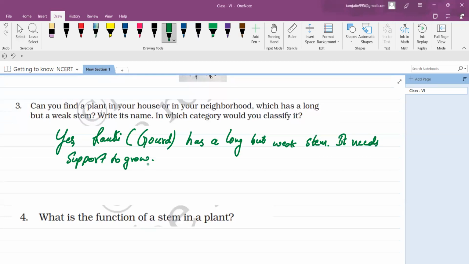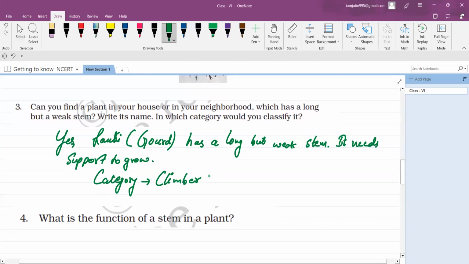The plants which need support to grow are called climbers. It belongs to the category of climbers.